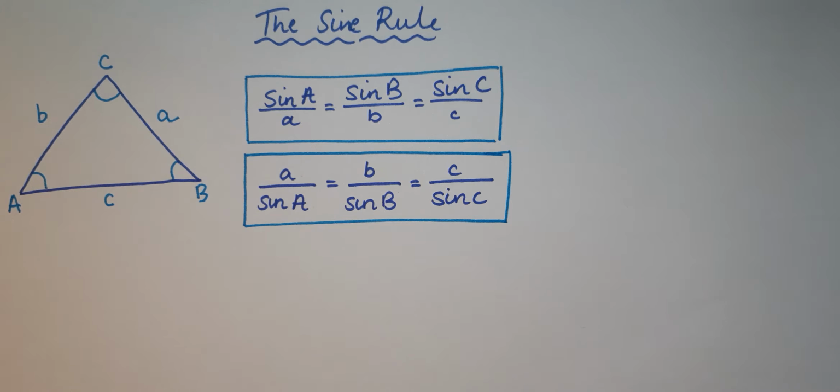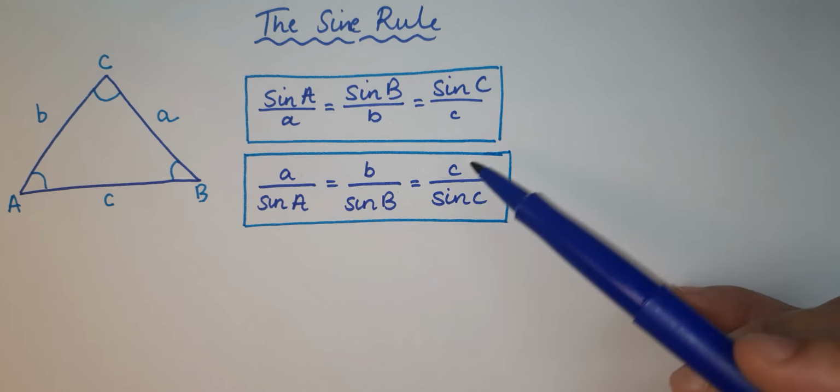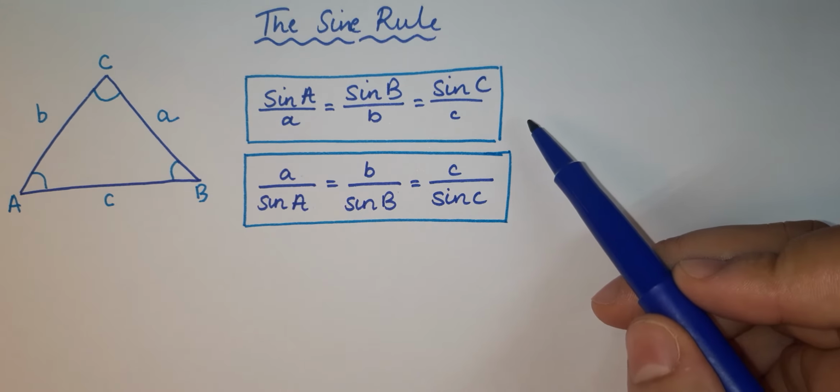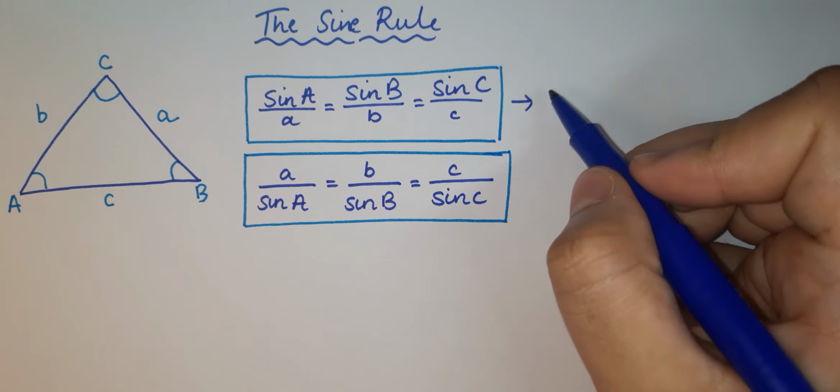This is the reason why labeling the triangle correctly is very, very important. Now, this other one is just this equation being flipped over. The reason for that is that this first one is when you want to work out an angle.